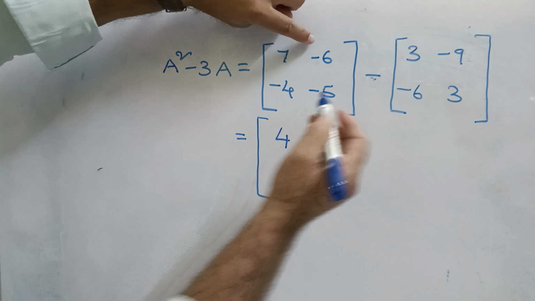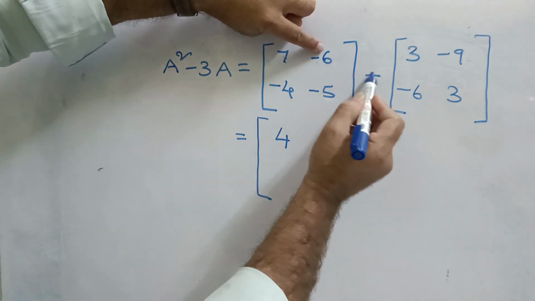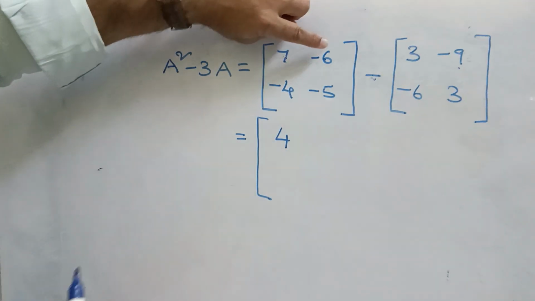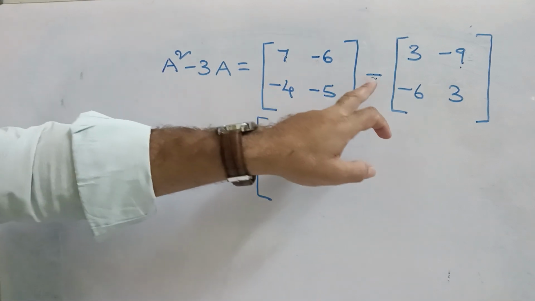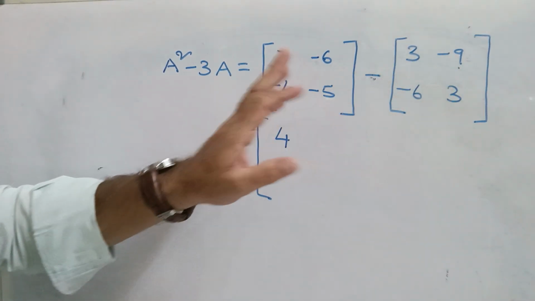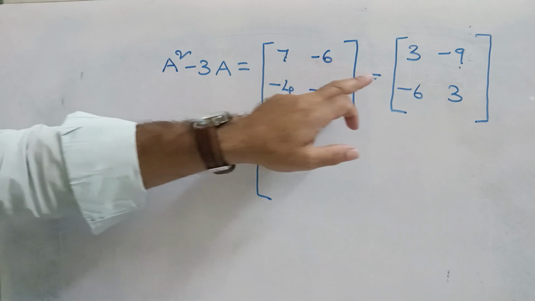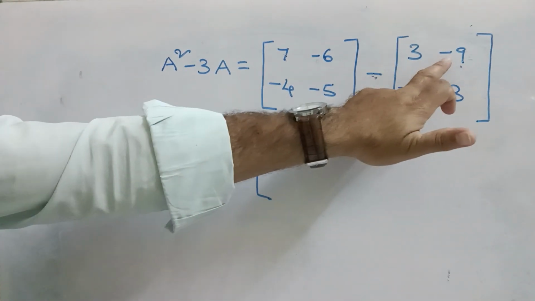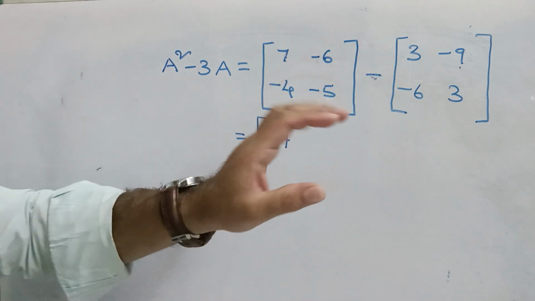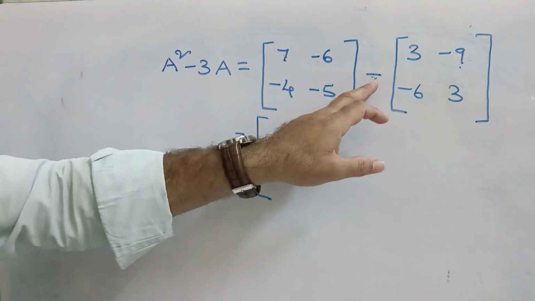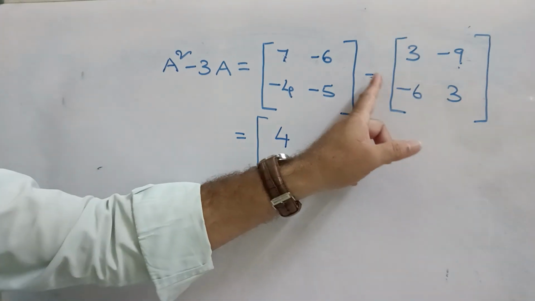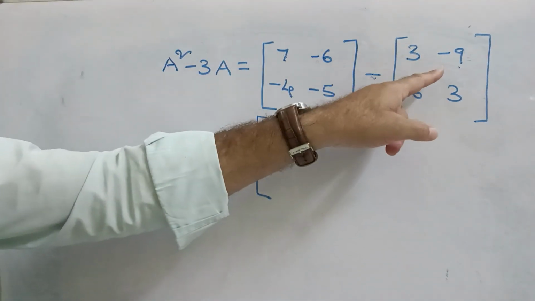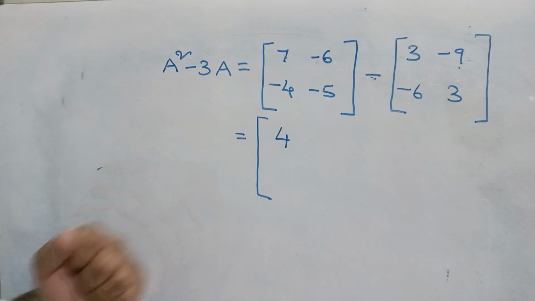Now coming to the second element minus the second element of this matrix. So minus 6 minus of minus 9. Clear? Minus 6 minus of minus 9. So here minus into minus is the product. Always remember, the minus sign outside the square bracket should multiply with the sign in that matrix.